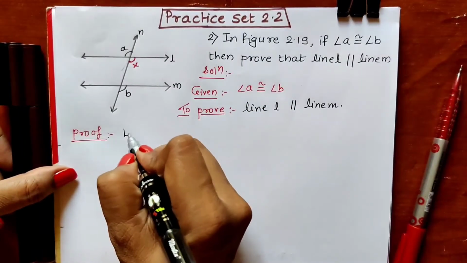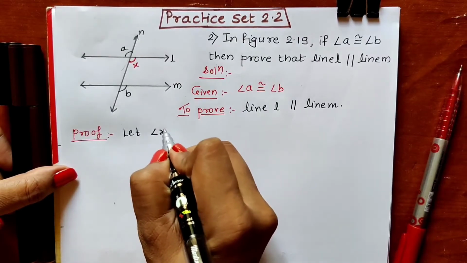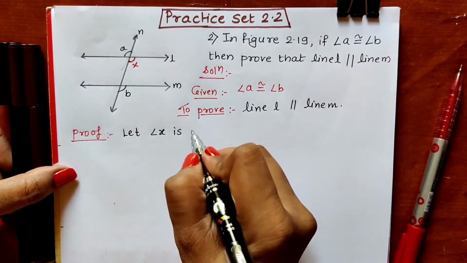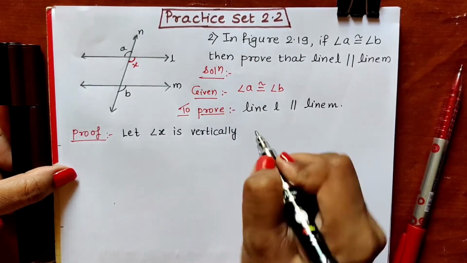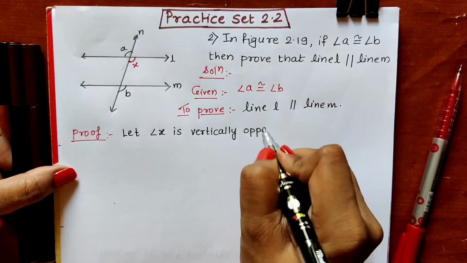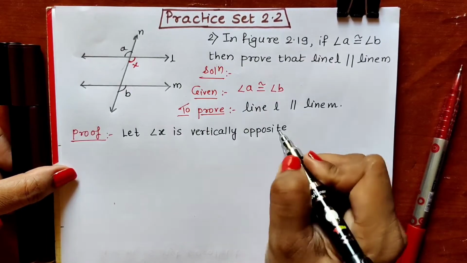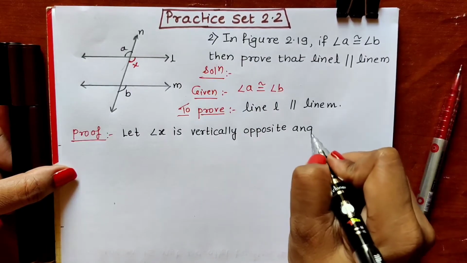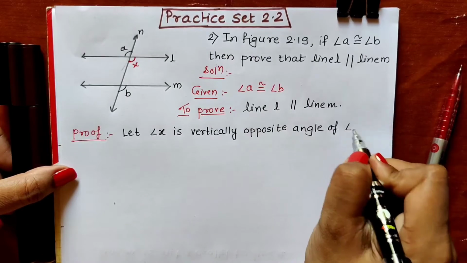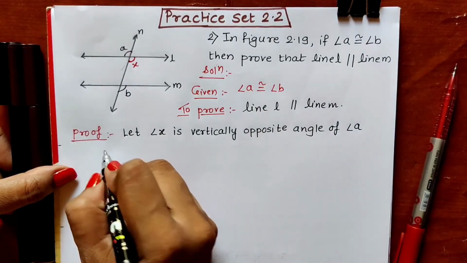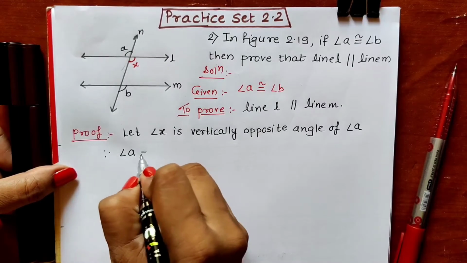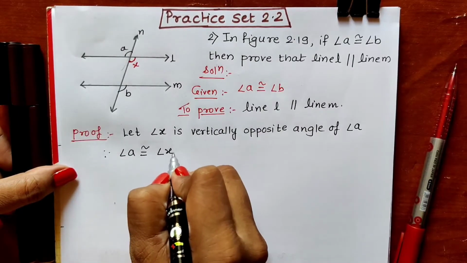Let angle x be vertically opposite to angle A. As they are vertically opposite angles of each other, therefore angle A will be congruent with angle x.